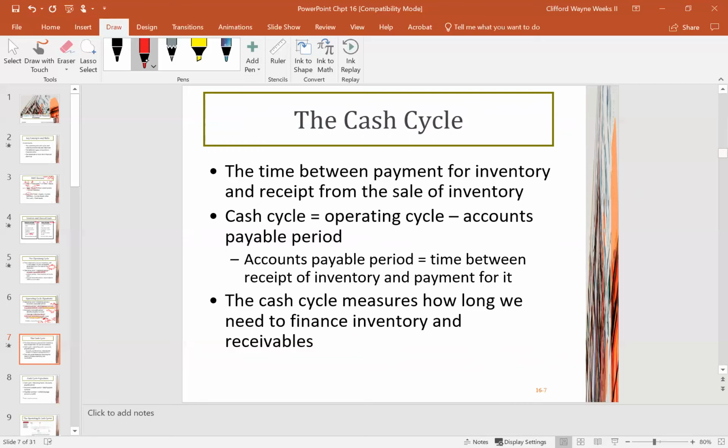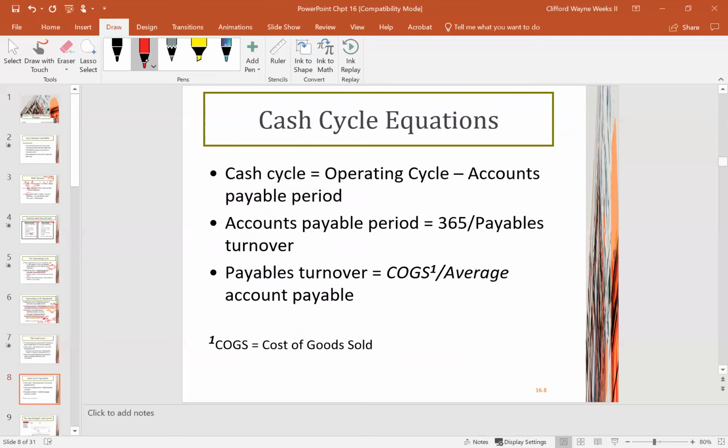Because really what we're trying to figure out is how much cash we are going to have on hand, or should carry on hand. So the cash cycle equations: the operating cycle, we did that on the previous slides, but really it's the accounts payable period. The accounts payable period is the 365 days divided by the accounts payable turnover.